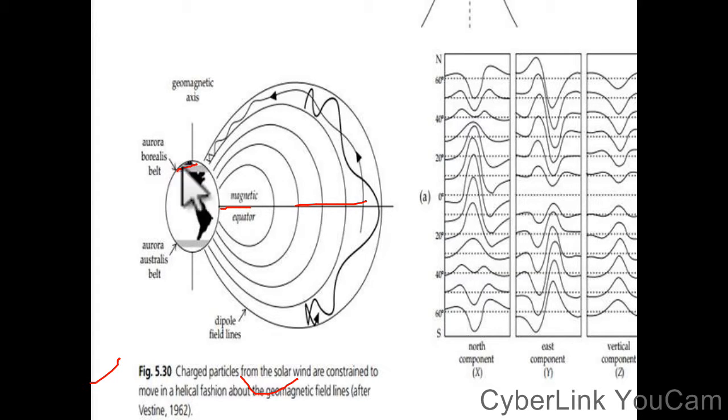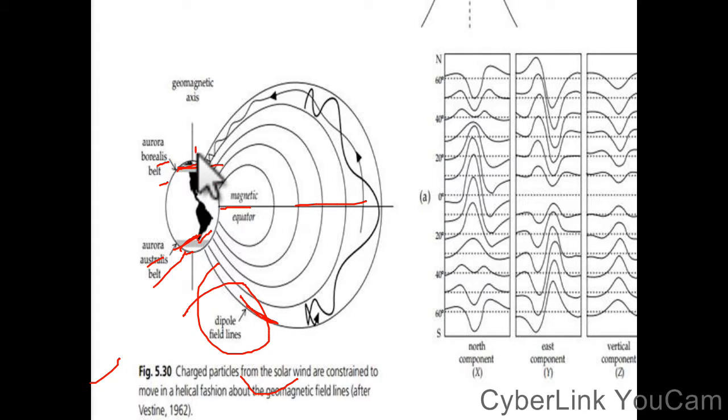Aurora Borealis belt, and Aurora Australis belt, lower South America. Magnetic dipole field lines.